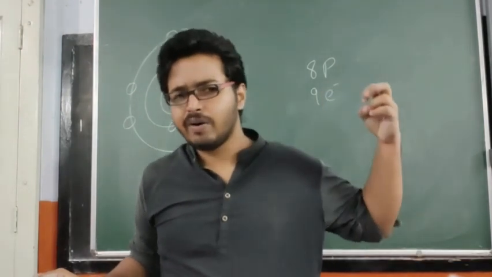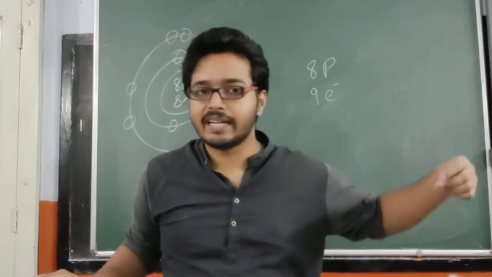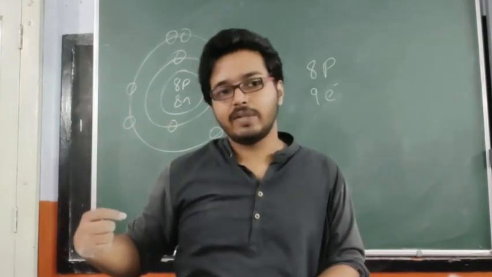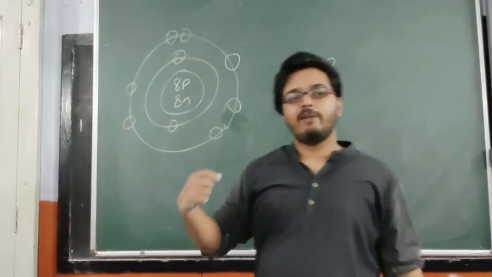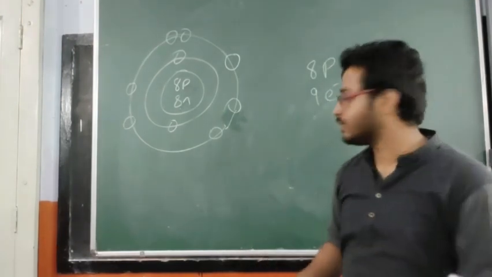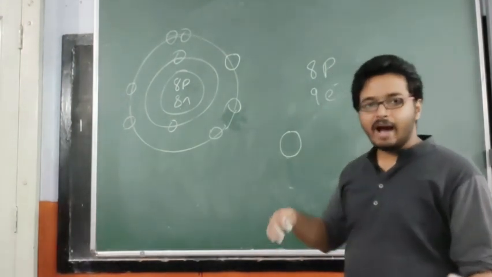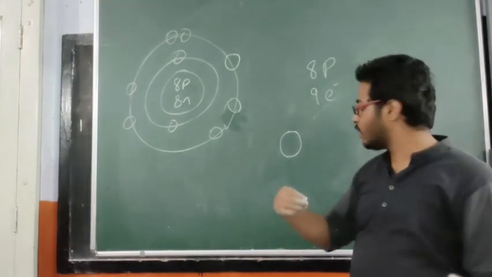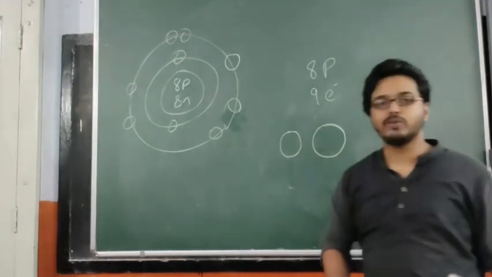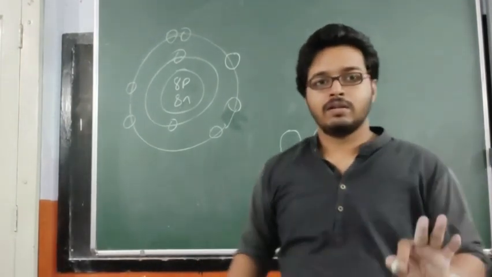So the nuclear charge felt in the valence shell decreases, because the extra electron added to the outermost shell takes up a certain amount of nuclear charge. Suppose this was the size of the oxygen atom. After gaining one more electron, the size of the oxygen atom increases a little bit. Okay, I hope you understand.